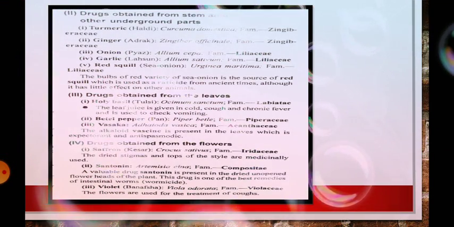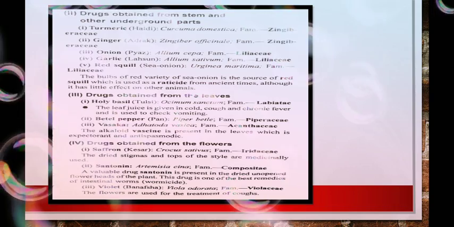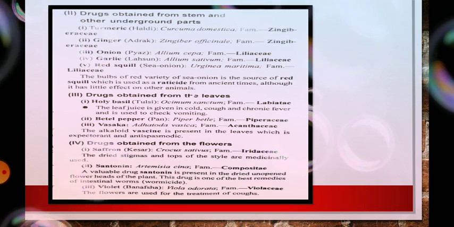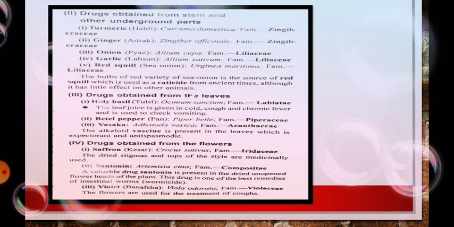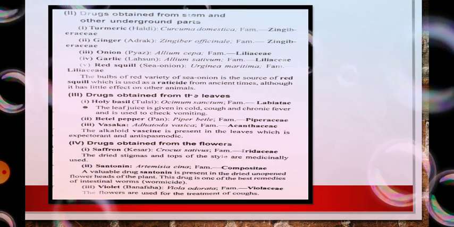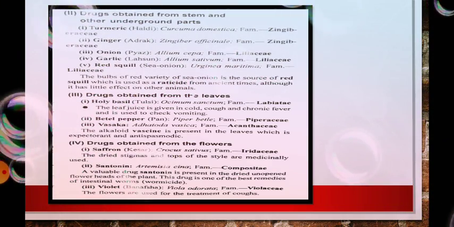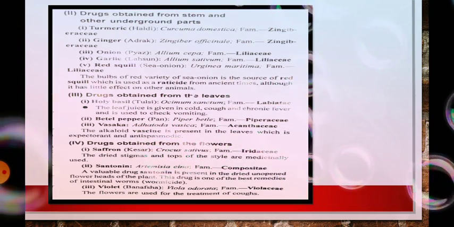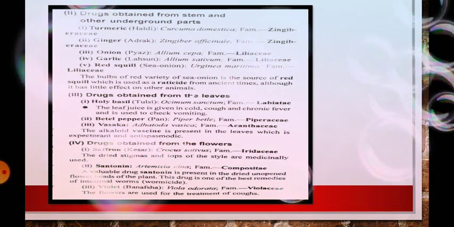Then let's come to the drugs obtained from the leaves. In maximum cases, we use tulsi, the holy basil, in our daily life, because its leaf has various medicinal values. So let's come to holy basil, or tulsi.